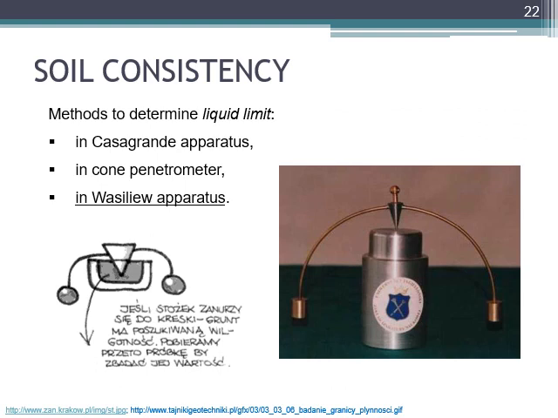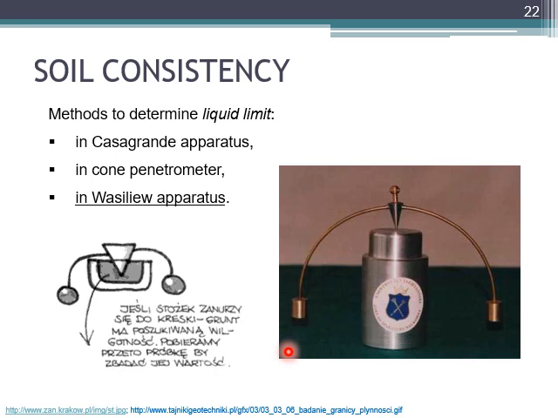It is quite similar to the cone penetrometer method because we are using a standard cone of the specified weight, with a kind of a balance on it.